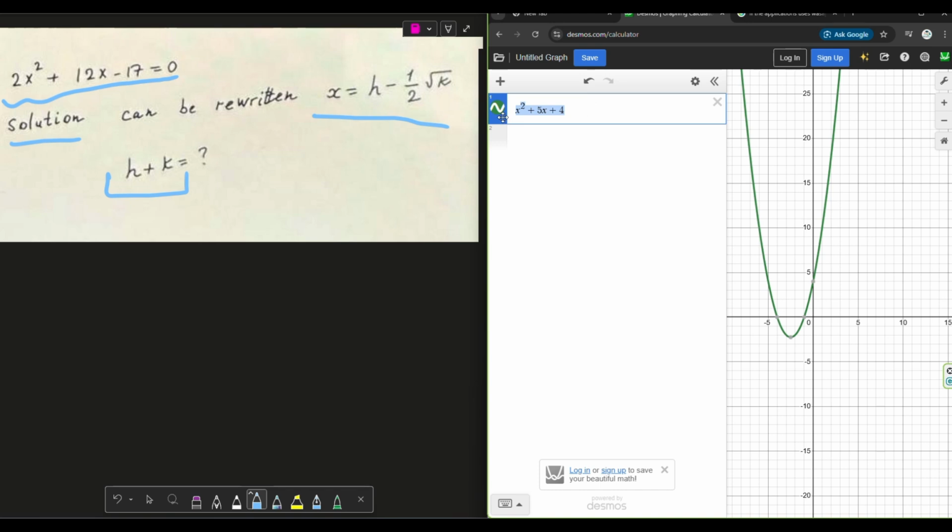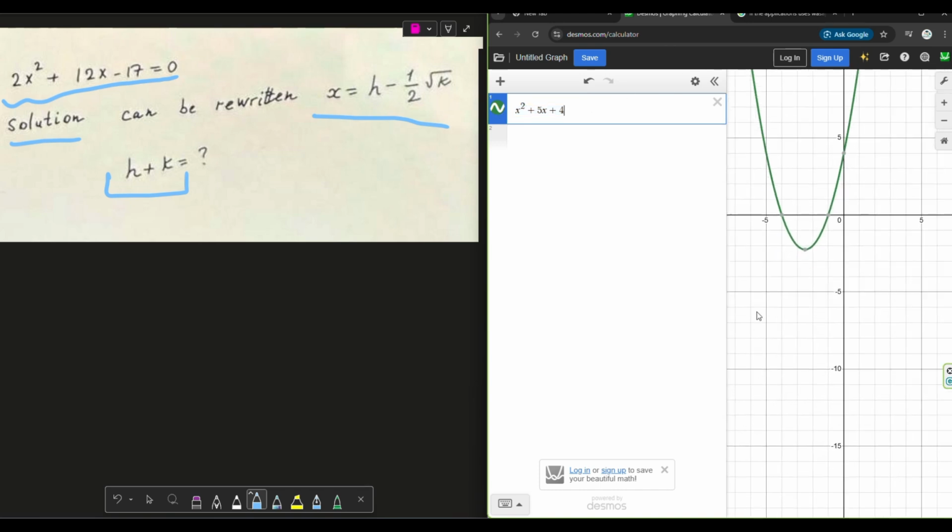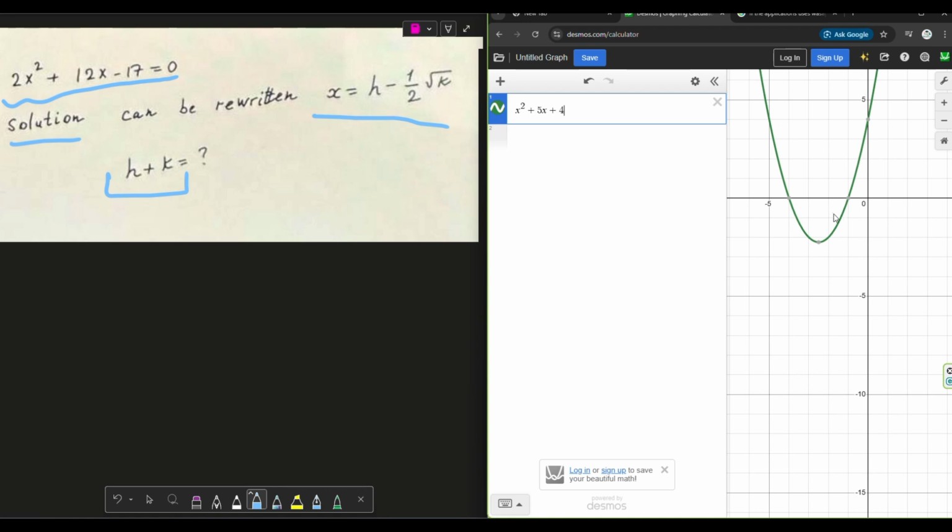Now, I wrote a random quadratic function that came to my mind. For us, a solution is considered when our parabola intersects the x-axis, which is this part, and in this case, it intersects it twice. In this case, it is (negative 4, 0) and (negative 1, 0). Now, here's what I need you to look for.